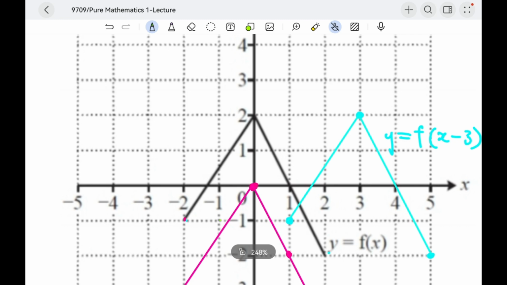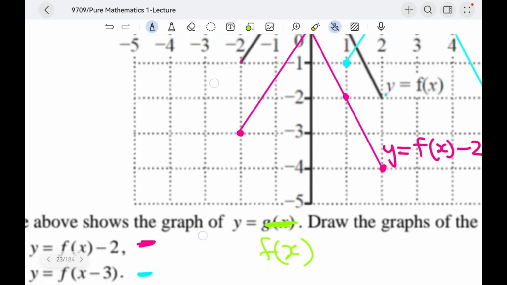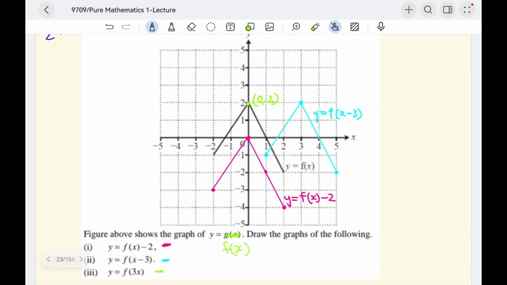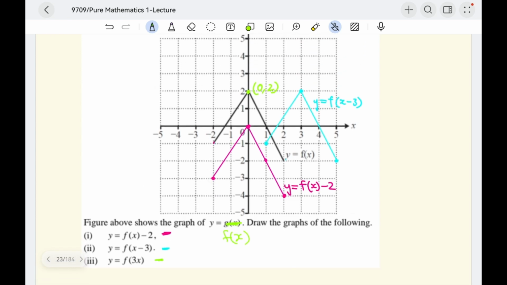let's say here is your (2, 0), correct? Here is your (0, 2), and you will multiply the x coordinate by 1 over 3, or divide the x coordinate by 3. Since here is a 0, this coordinate remains unchanged.